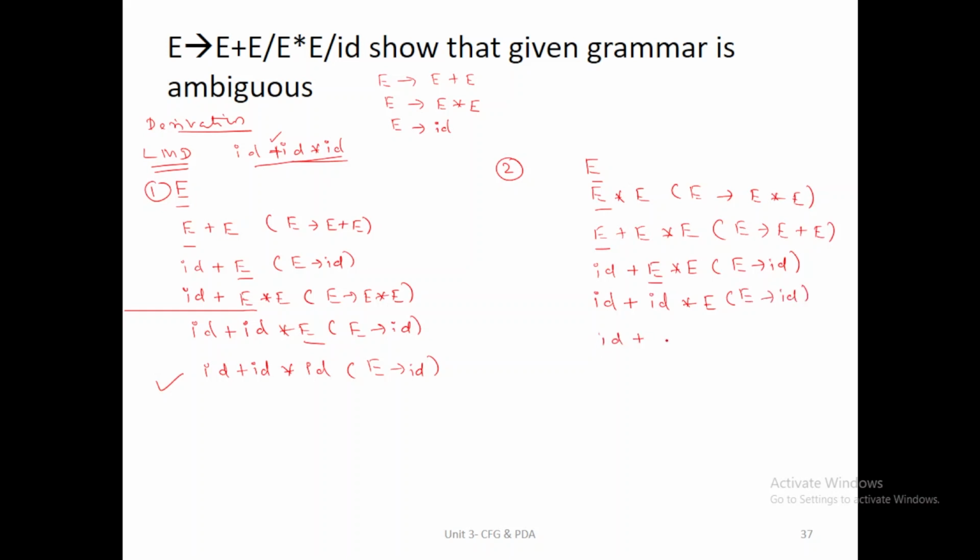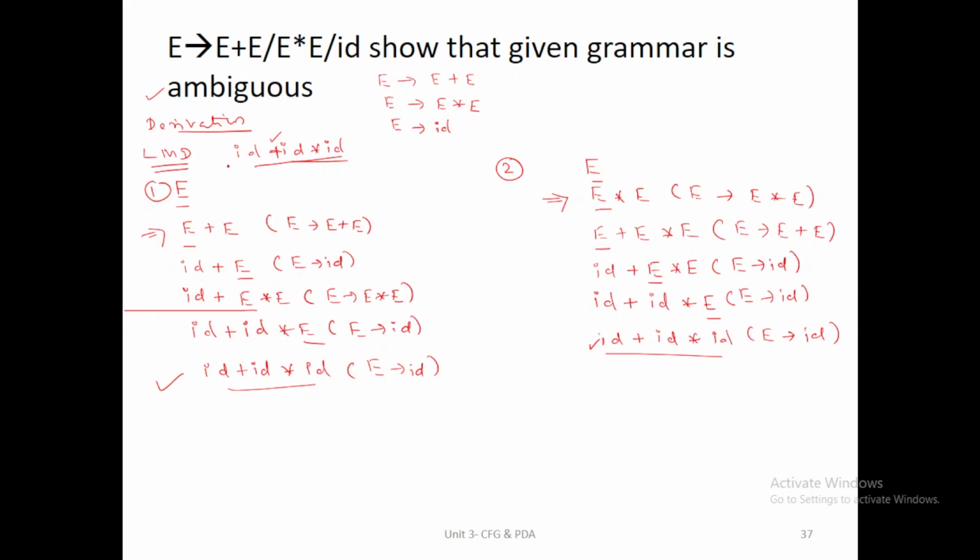Then the first four symbols are the same, and the fifth symbol is replaced as id. So it is derived. Consider the second step: the second step is different. So I am able to derive the same input string with two different derivations. So this is called ambiguous.